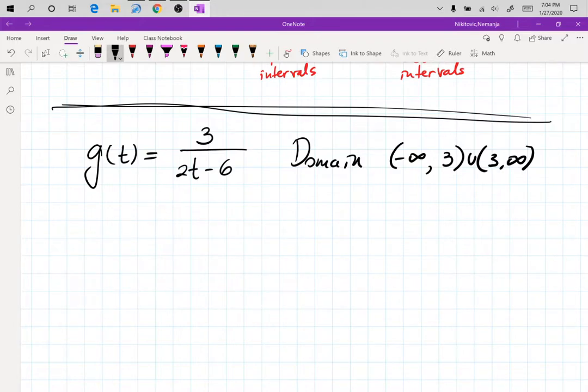Let's try another problem. Hopefully this one doesn't trigger anyone. h of x is equal to 4 over x squared plus 1. What's the bad value?